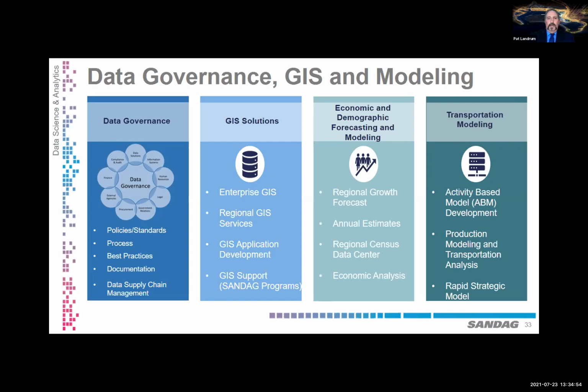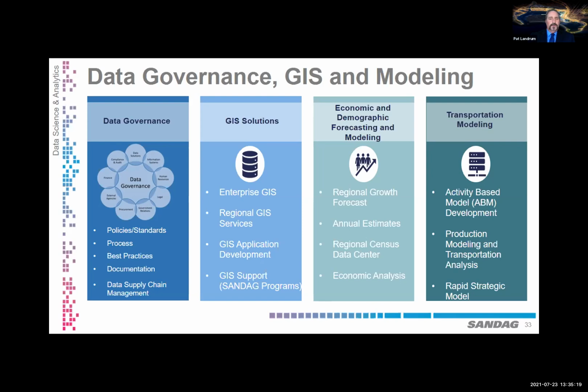The next team is the GIS solutions team. That is broken out into what we'll call enterprise GIS, regional GIS services, application development, and GIS support for the entire agency. We then have our economic and demographic forecasting and modeling. That's where our regional growth forecast is developed.